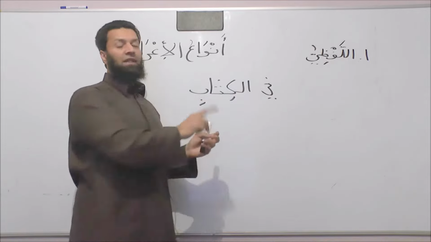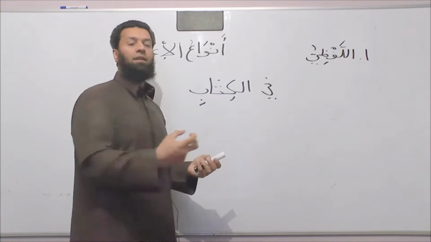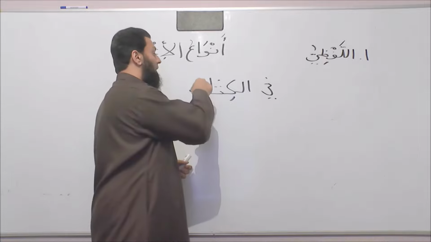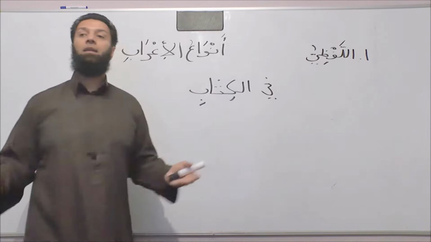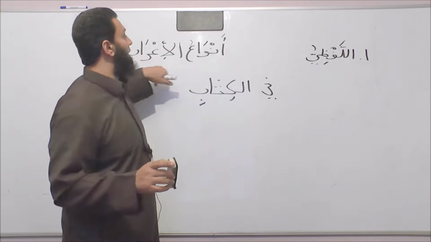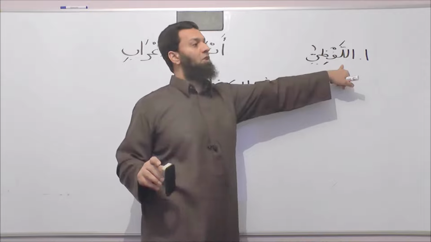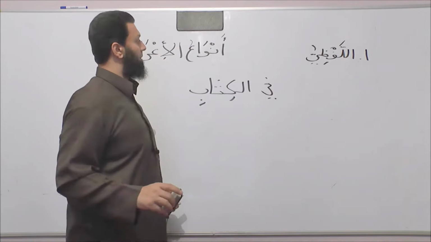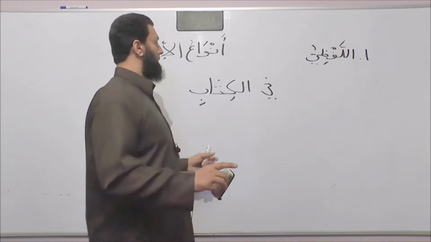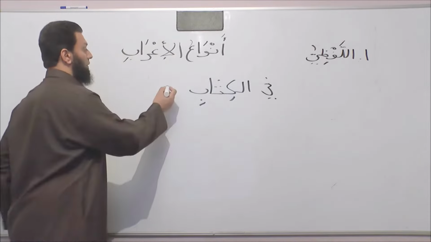Now, in each of these three instances, the state, the grammatical state, is manifest upon the final letter, the end of the word. And therefore, that type of al-i'rab is called al-lafzi. It is called al-lafzi. And it is present in an ismun, which is what we call mu'rabun.